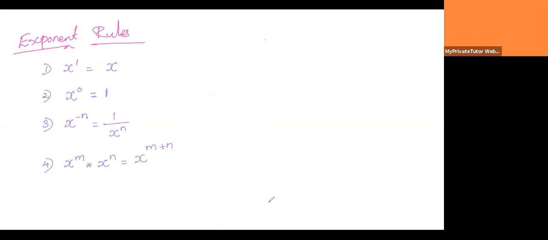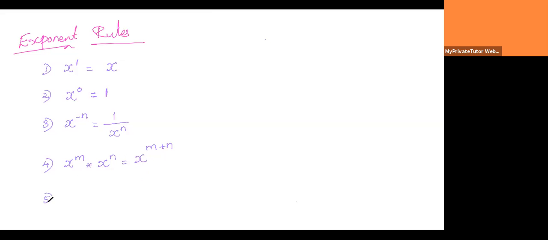Hope that makes sense to everyone. Please feel free to ask me if you have any questions. So while multiplying exponents with the same bases, we keep the base as it is, but we add the exponents.